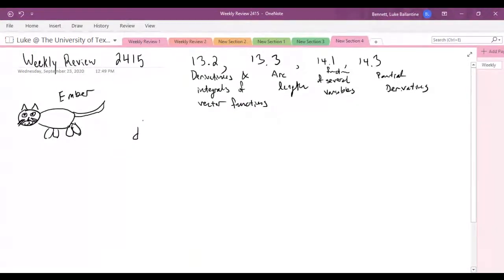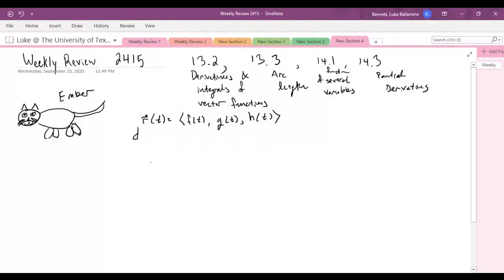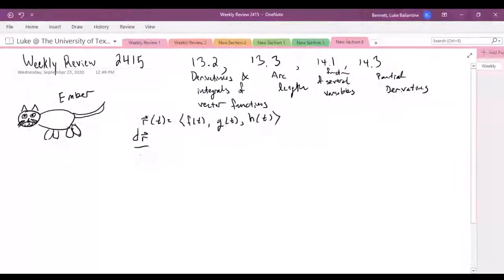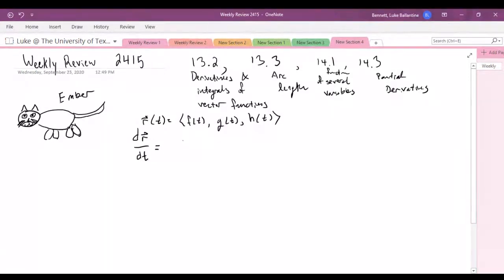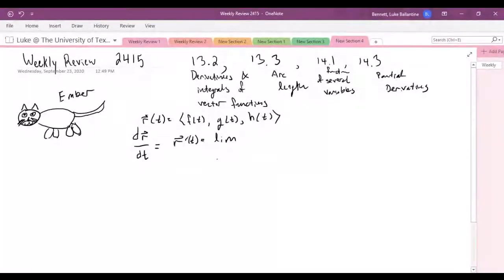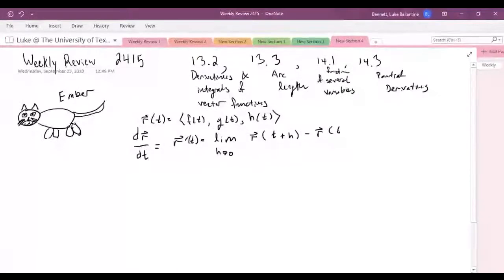Well, if we have r of t equals f of t for the x component, g of t for the y component, and h of t for the z component, then the derivative of r with respect to time, also known as r prime of t, we define as the limit as h approaches 0 of r of t plus h minus r of t over h.